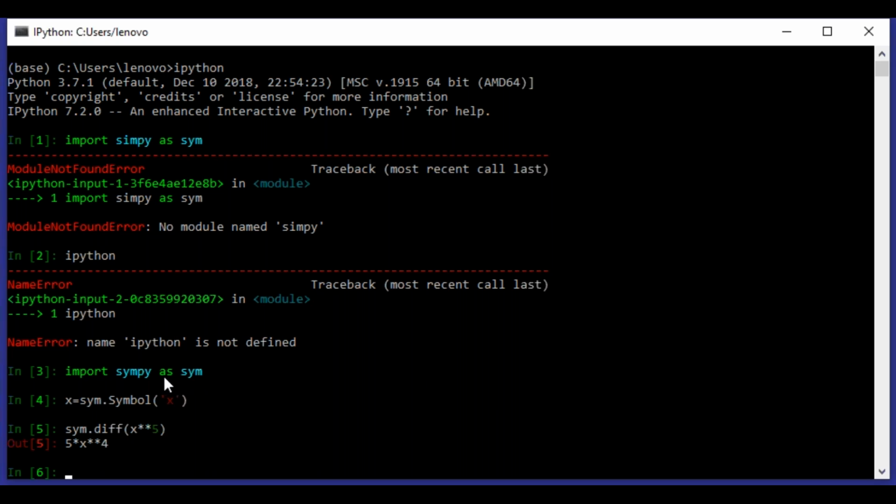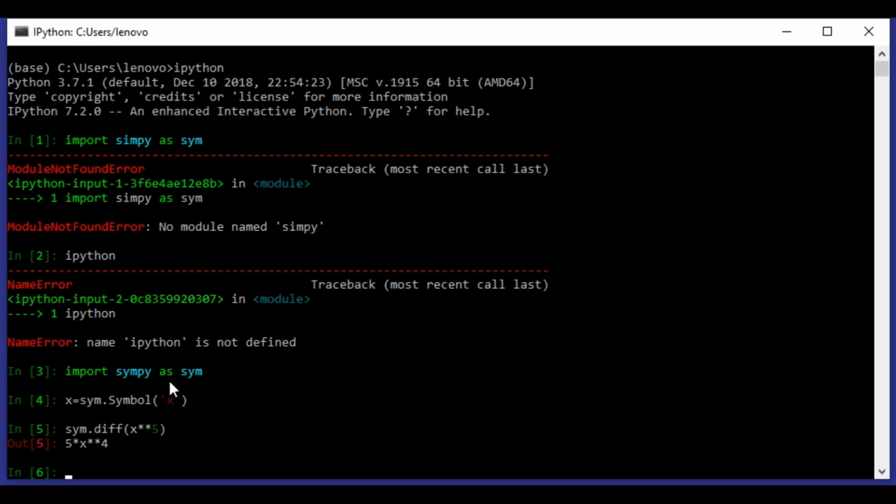We are using the SymPy package for finding the derivative of a function. Here we are differentiating with respect to x for that symbol, and here the S must be capital. In the first step we have imported the SymPy package. Import SymPy as SYM.